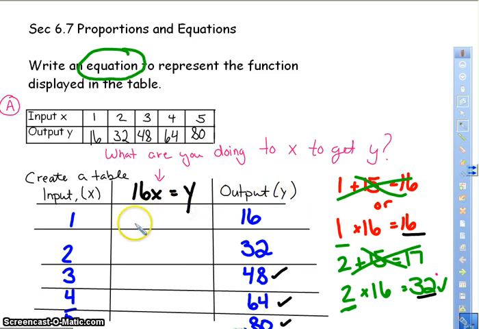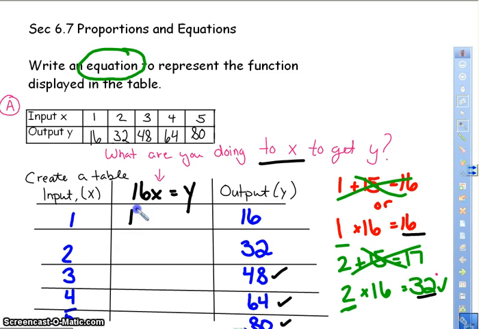Okay, because you're writing an equation, it must look like an equation. Remember, an equation has an equal sign, and it should have the letter x and the letter y if I'm writing an equation from a table. Okay, so once again, you're deciding what you are doing to the x. I'm taking 16 times x to get the y, which will equal the y value.